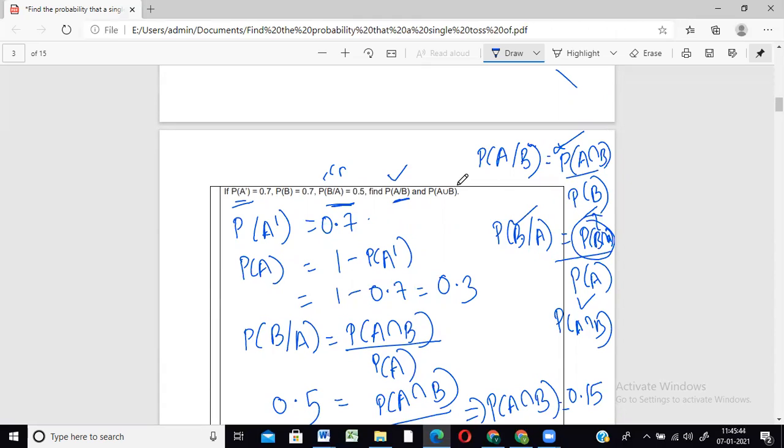If you remember, last time we did something called the addition theorem. Addition theorem means, suppose S is the sample space, and A and B are two events.